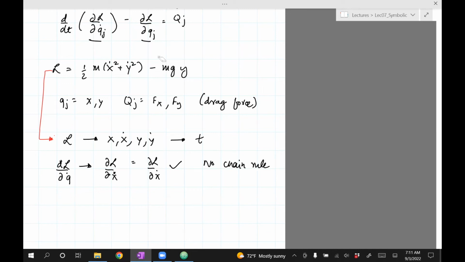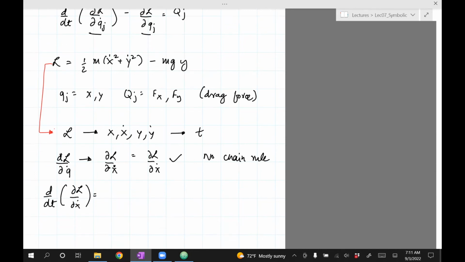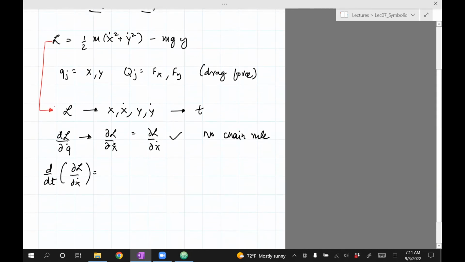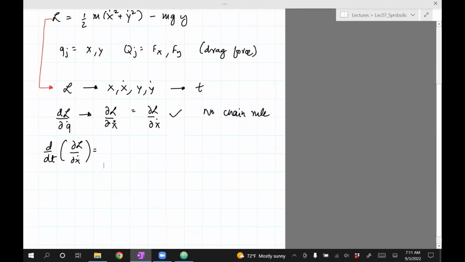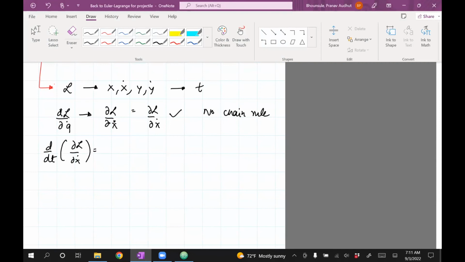However, if you want to compute this one, which is a function of time, you will have to use the chain rule, because it's a function of time. We see that L is a function of ẋ, ẏ. In that case, dL/dẋ will also be a function of the same variables.